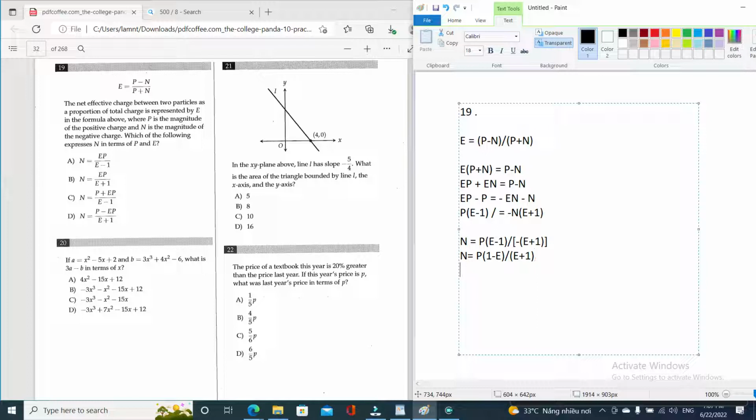So that's n equal to P minus PE over E plus 1. So 19 should be D.